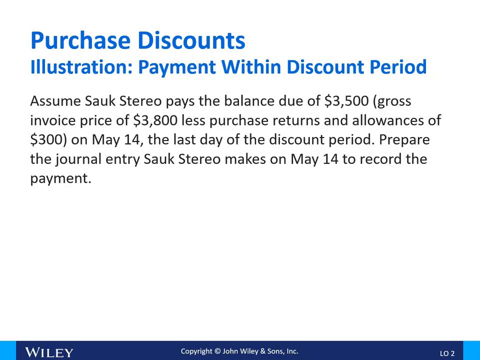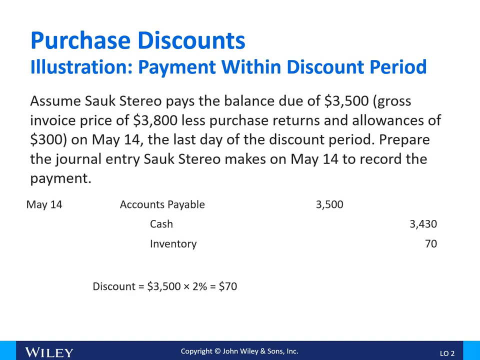So it's going to be that same concept, but we have this discount. It's a 2% discount on the balance that's left. So the $3,500, after the returns, gives us $70. The entry we make is this. We're going to debit accounts payable for the full $3,500.